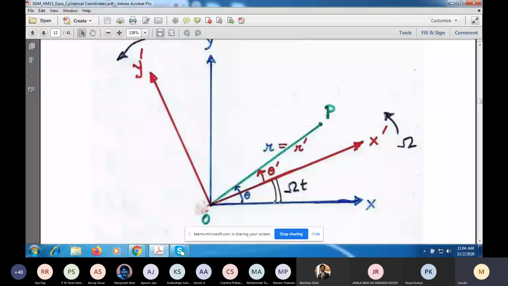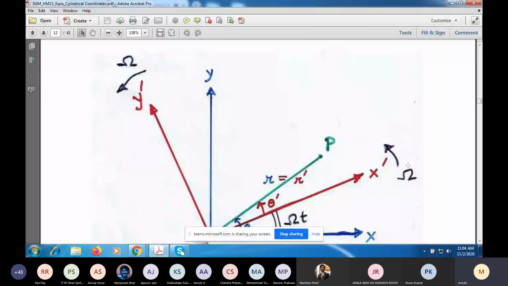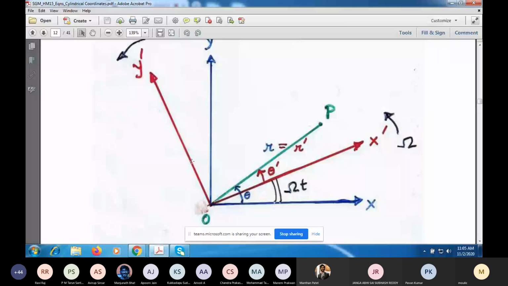The z-axis is perpendicular to the plane of your screen. And this red axis, OX prime, Y prime, which has the same origin O, is rotating about the z-axis with angular velocity omega. So if omega is positive, it will rotate in the counterclockwise direction, as shown by these black arrows. And the OZ prime axis coincides with the OZ axis.